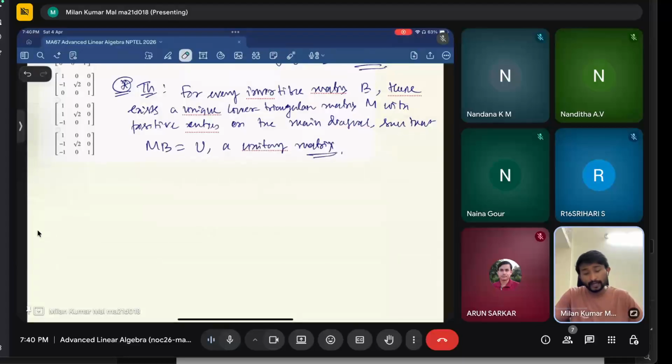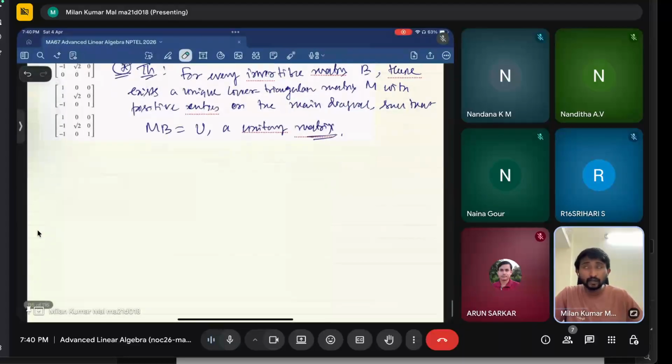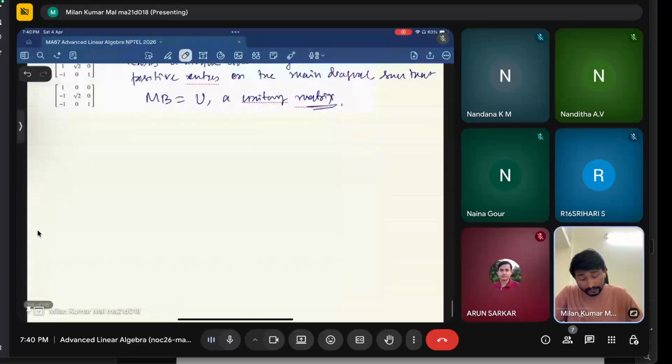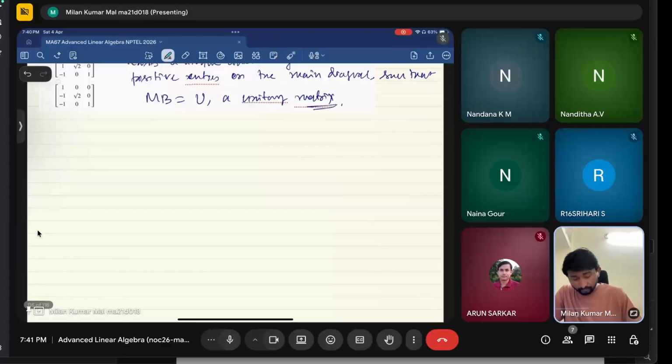Okay. So how does that actually go? This basically uses the standard Gram-Schmidt orthogonalization process. Let's do it for the general n by n matrix, and I will use that technique here. Let B be an n by n invertible matrix.